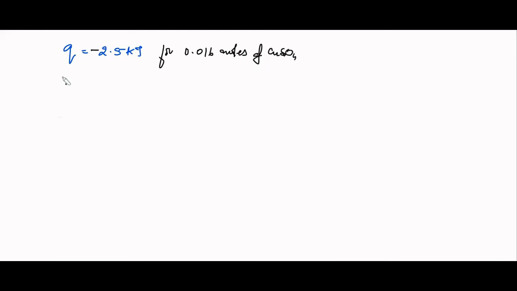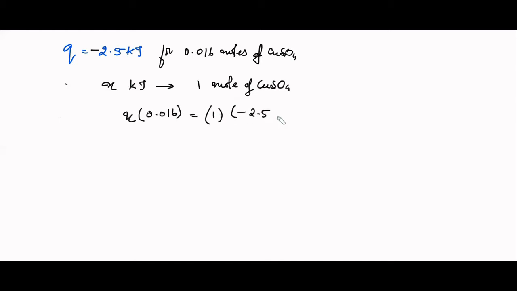In order to calculate the enthalpy change, it has to be for 1 mole. So X kilojoules will correspond to 1 mole of copper sulfate. When I'm cross multiplying, I'll be getting X times 0.016 equal to 1 times minus 2.5.